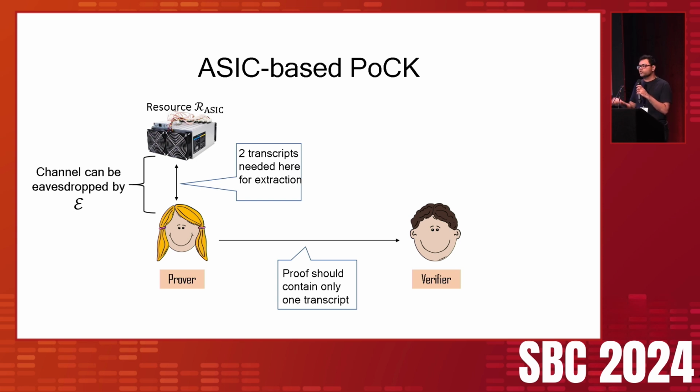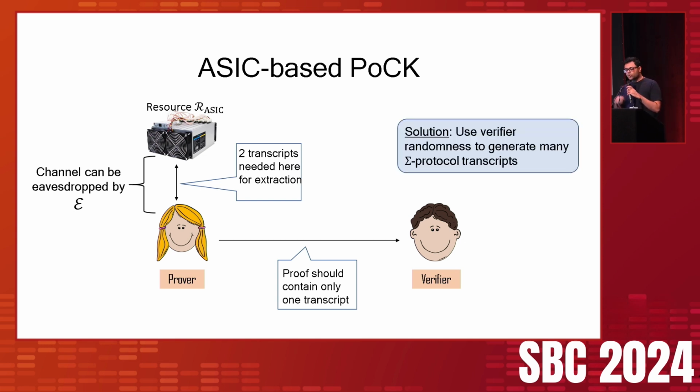Otherwise, the verifier would also be able to recover the witness, which we don't want to happen. So the way we get around this is we use the verifier randomness. Remember, from the three-step Sigma protocol, it's the second step, the challenge step, that generates the randomness. So instead of just using that directly in our proof of work, we will generate many of these Sigma protocol transcripts using the same randomness.